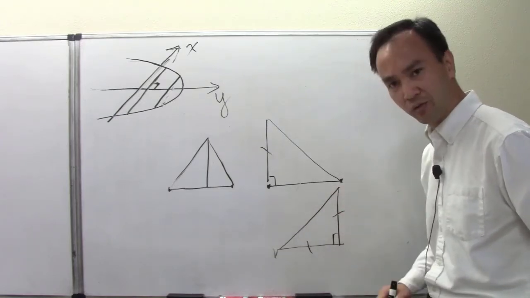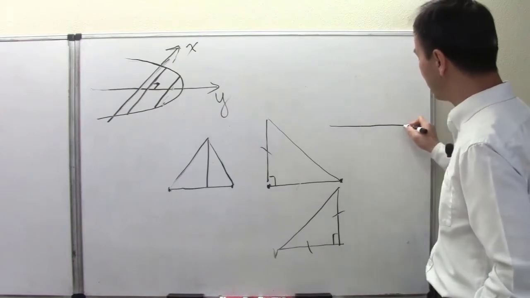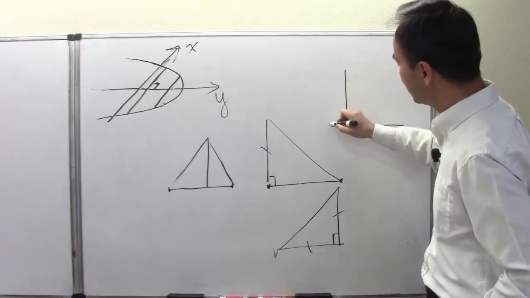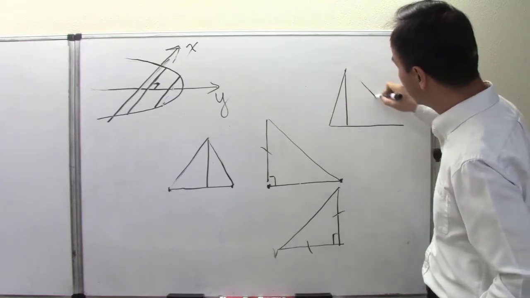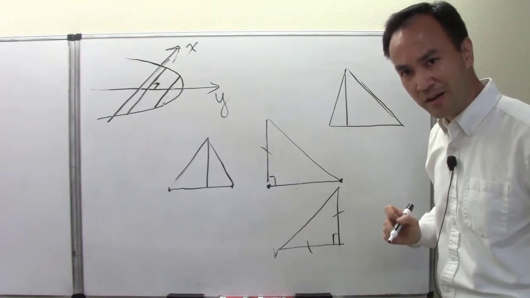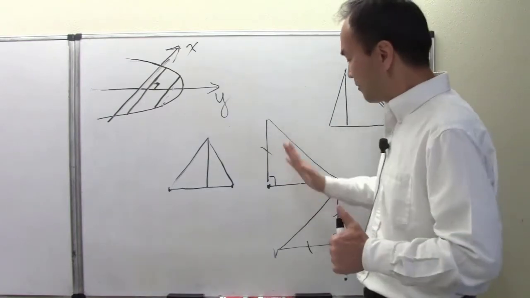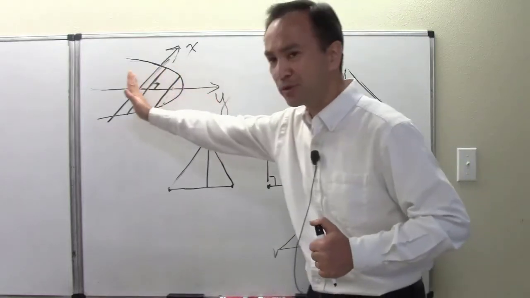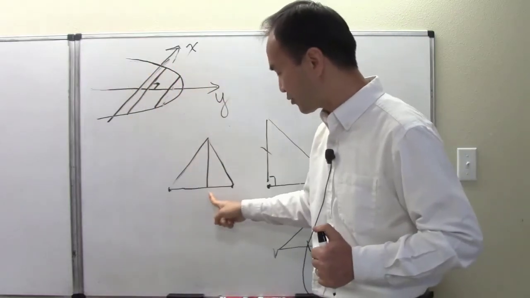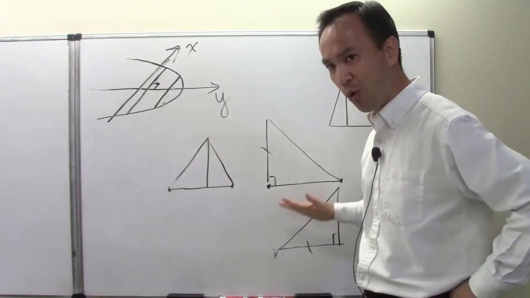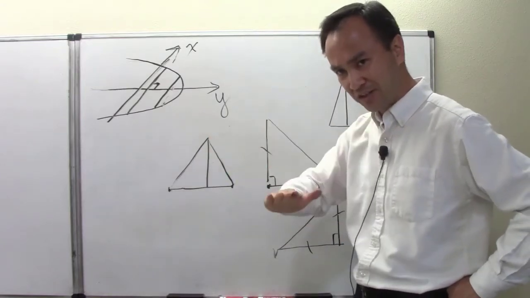Or if the stripe is here, we can put the height there, so it's a different triangle, no longer an isosceles right triangle. The point is that whatever shape we choose here, make sure it's one shape throughout. It could be a triangle like this, or like this. These all satisfy the requirement that the height and the base are equal.